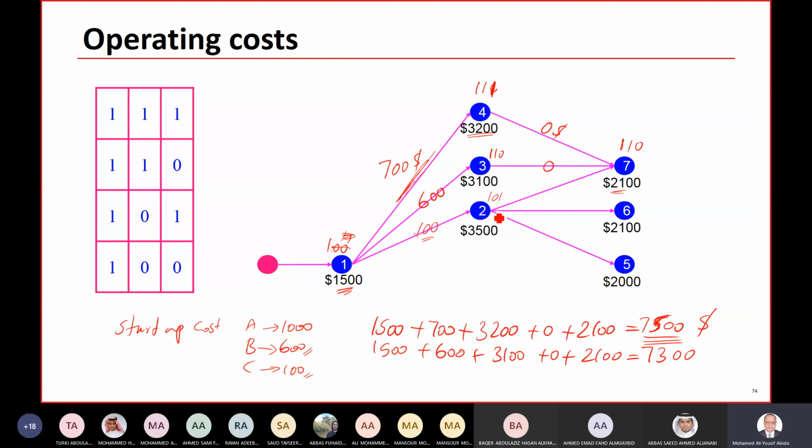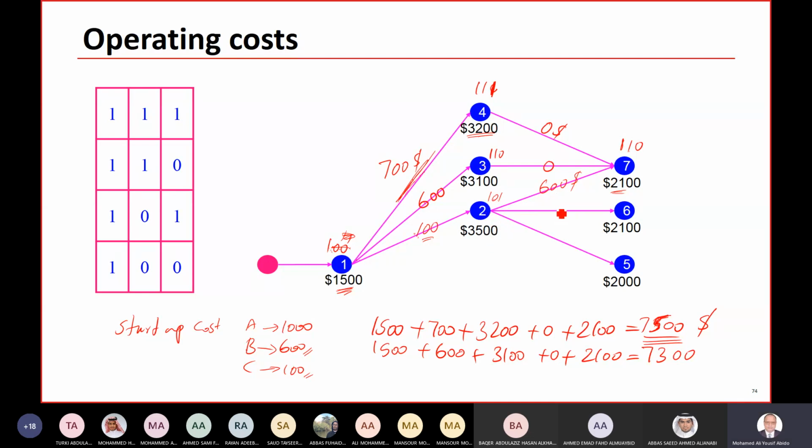And from 101 to 110, how much? $600. Why? Here unit B is off and we switch it on, so we start up unit B, and this will be $600 cost of this link.